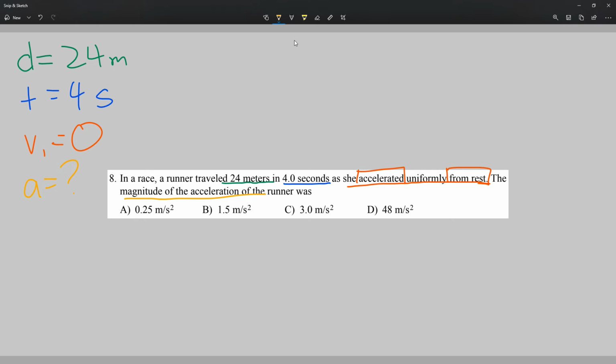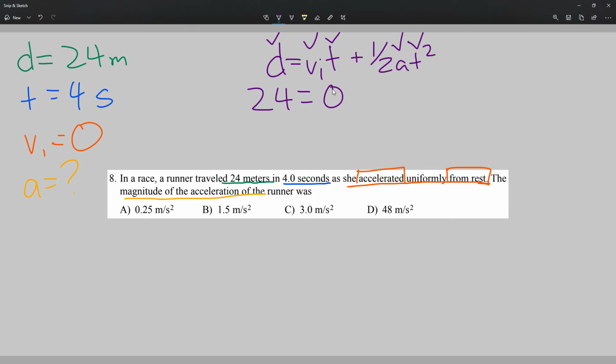I'm just going to use another color real quick. So we're going to use D is equal to VIT plus 1/2 AT squared. Why? Because we have everything we need. We have VI, we have T, and we're solving for A.